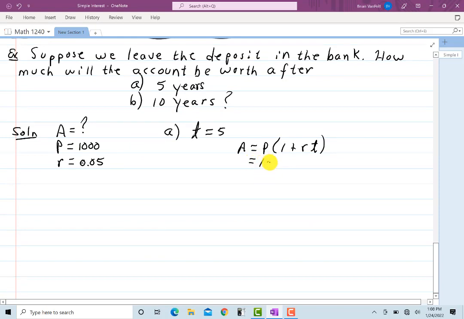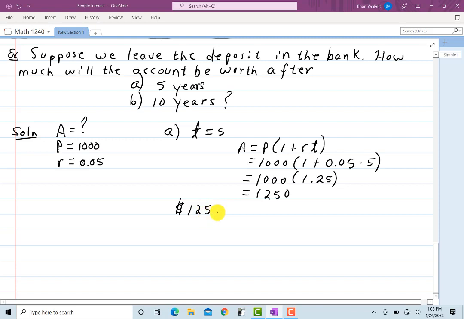That will equal 1,000 times 1 plus 0.05 times 5. That equals 1,000 times 1.25, which equals 1250. So the account value after 5 years is $1,250.